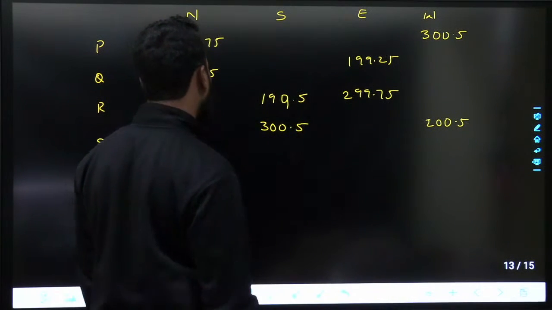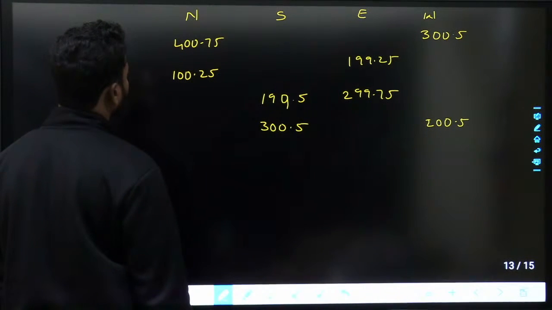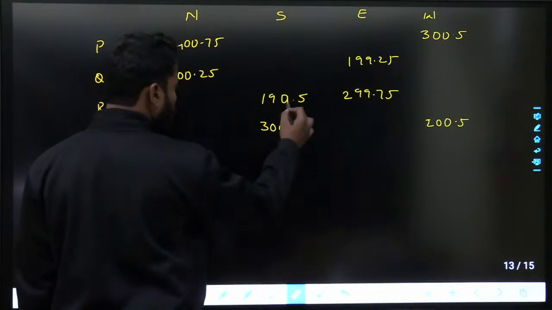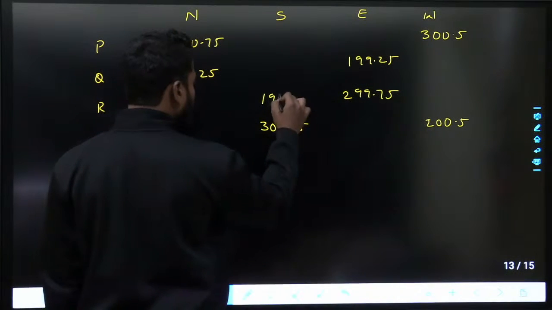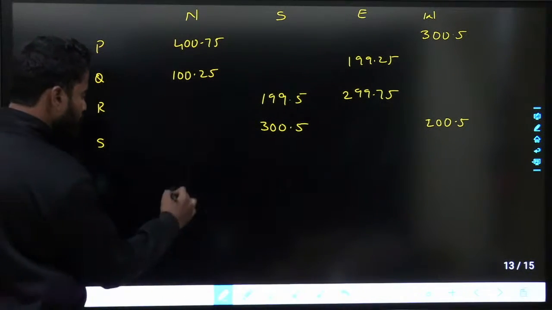Take this also 199.5. This one is not 190.5, this is also 199.5. Now he is asking what is the error of closure.